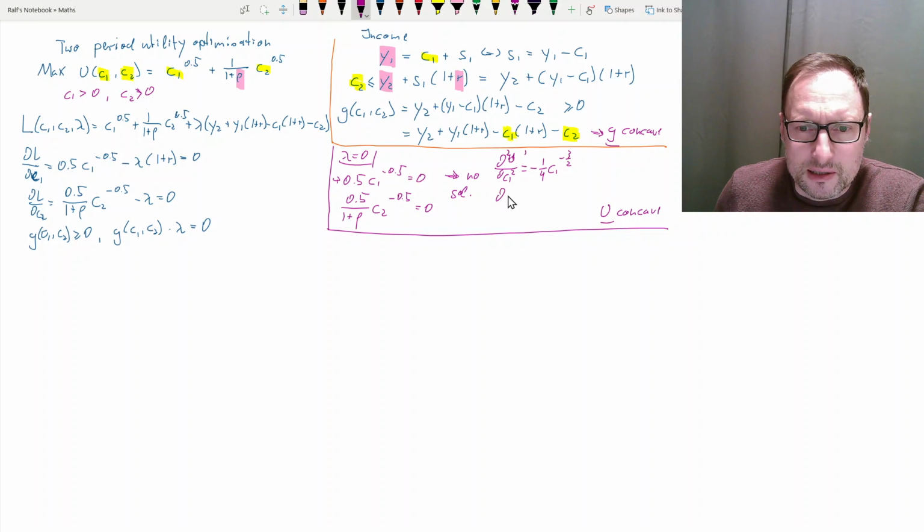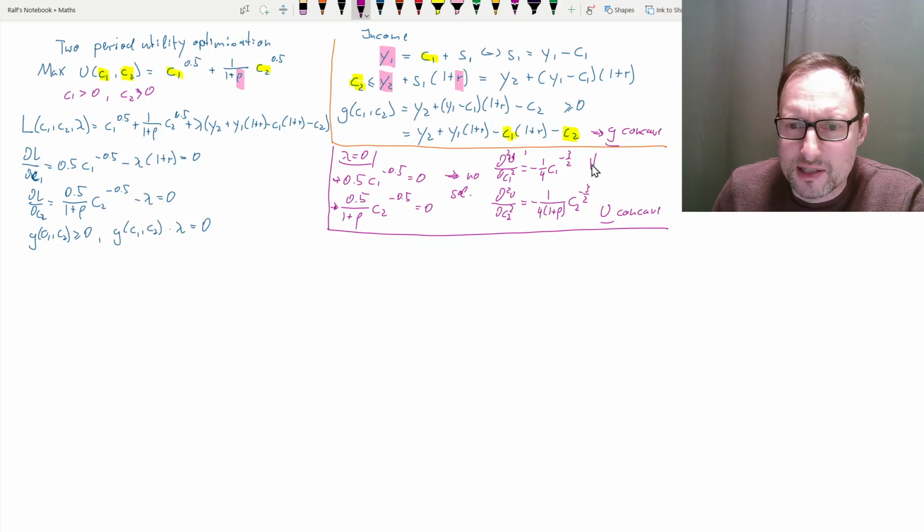Then the second order partial derivative with respect to c2, so the partial derivative of this one with respect to c2 again, is negative 1/4 times 1 over 1 plus rho, so negative 0.25, times c2 to the negative 3/2. Now the cross partial derivatives will be 0, because the first one doesn't have a c2 and the second one doesn't have a c1.